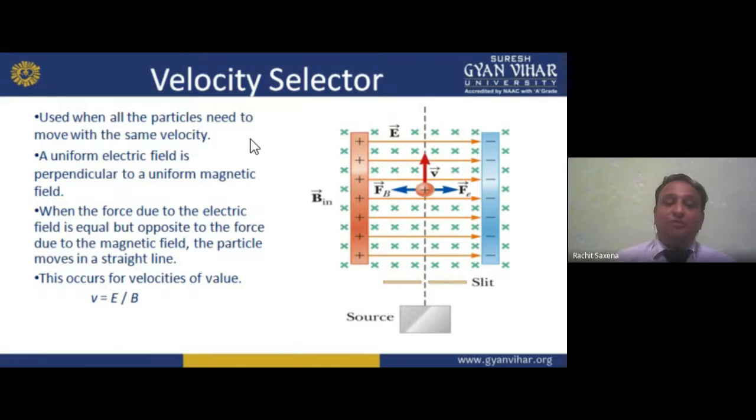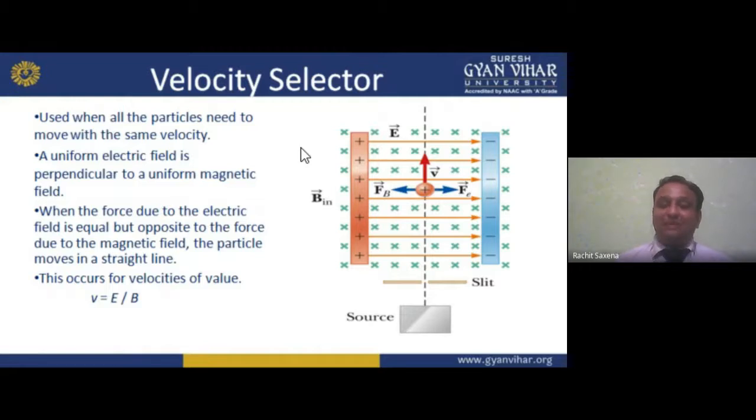A uniform magnetic field is perpendicular to the non-uniform field. So two fields are there, and the fields are perpendicular to each other. When the force due to the electric field is equal but opposite to the force due to the magnetic field, the particle moves in a straight line.